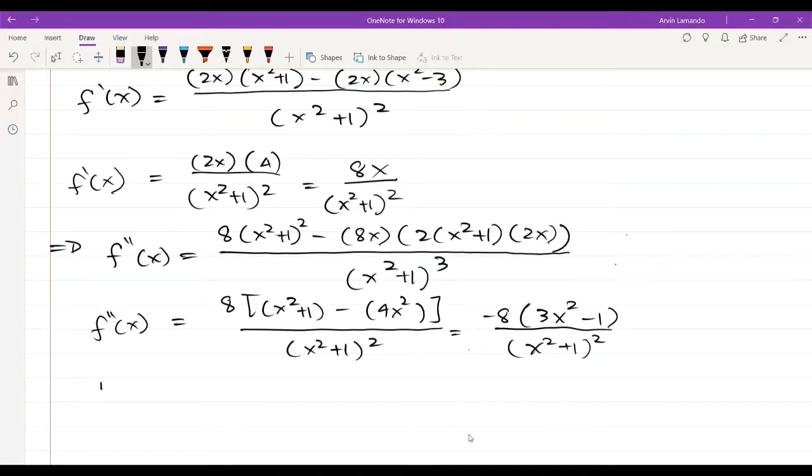Finally, let us rewrite f double prime of x in a convenient form. Let us factor out 3 in the numerator. So we have x minus 1 over square root of 3 and x plus 1 over square root of 3.